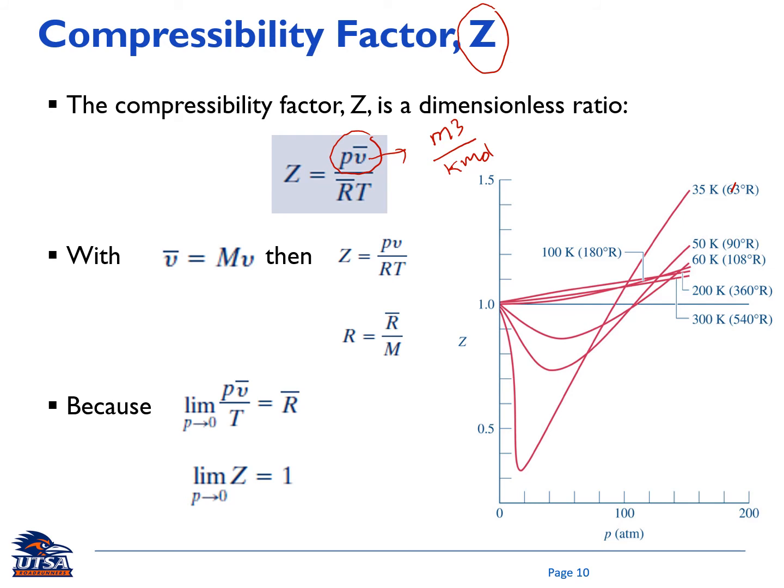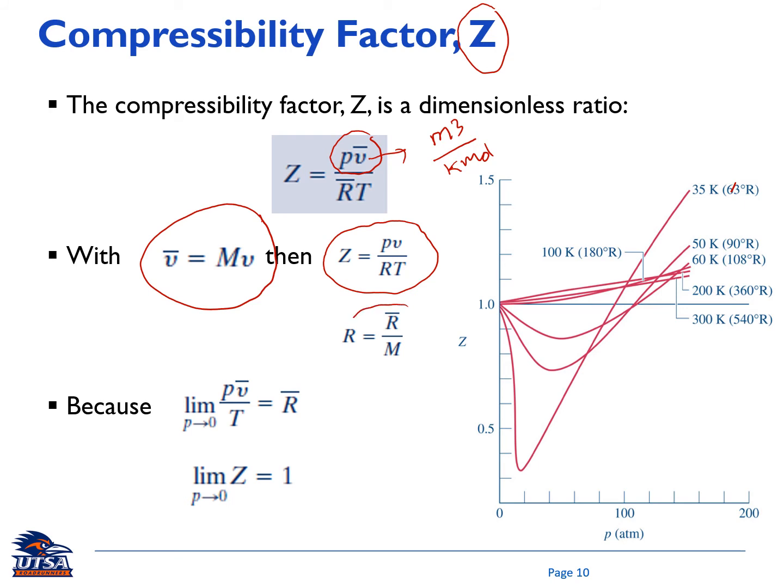So Z is defined as the ratio of P times v divided by R times T. With v over bar equal to M, the molecular weight, times v, the specific volume with unit cubic meter per kilogram, you also have the formula for Z like this: P times v divided by RT.